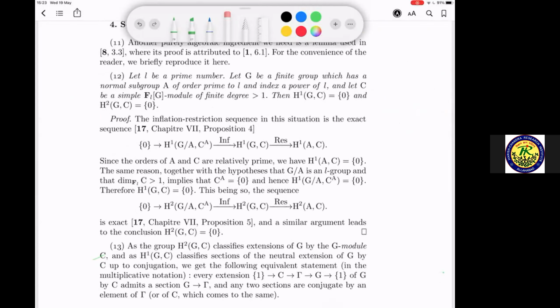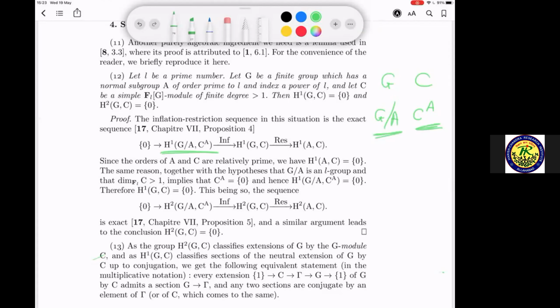So what happens is, initially you just have this group G and this G module C. But then you can take the invariants of C under this subgroup A, and that can be viewed as a G mod A module. So this can be viewed as a module over this group, and therefore I can talk about H1 here.